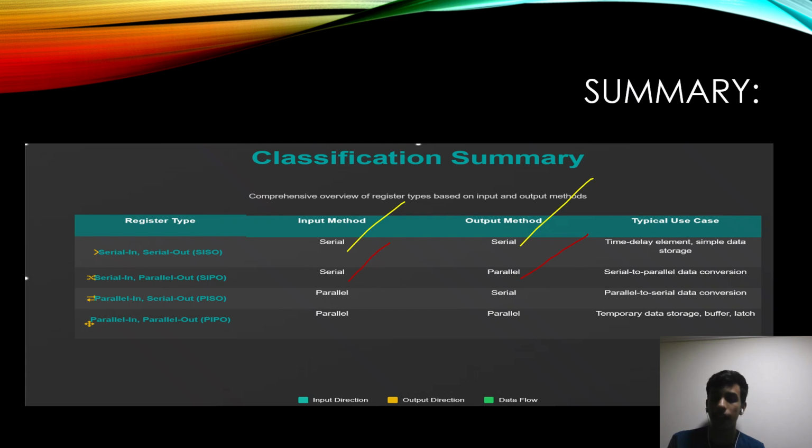We use this type of register for serial to parallel data conversion. Parallel in, serial out: input method parallel, output method serial, used for parallel to serial data conversion. Parallel in, parallel out: input method parallel, output method parallel. We use it as a temporary data storage buffer or latch.